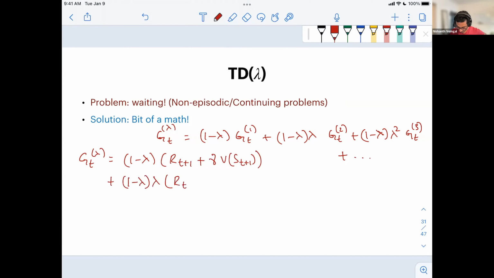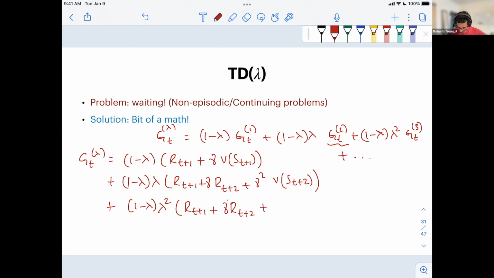I'm just rewriting the different returns as a sum of rewards and values of the states. And so on. Next, I'll try to separate the reward terms and the value terms.